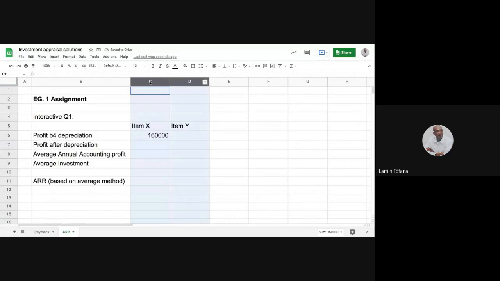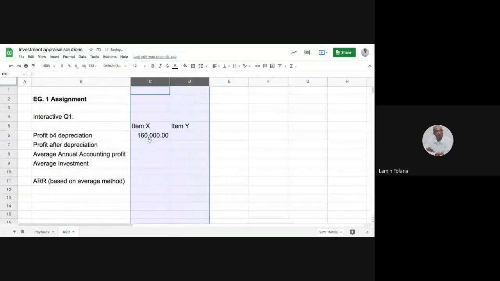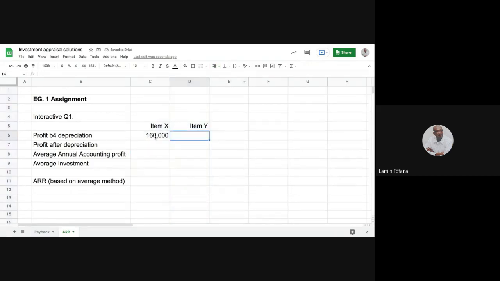Okay, excellent. So I'm going to format this. Financial, and I'll reduce the decimal places. I align them because they are numbers to the right. So correct. So there are 160,000. What about for Y?